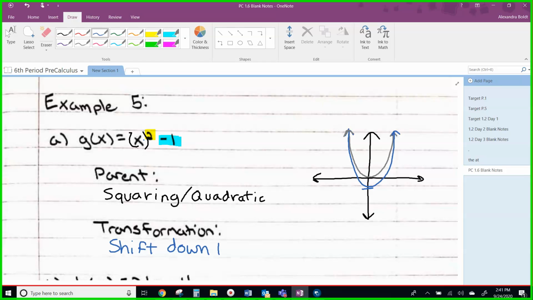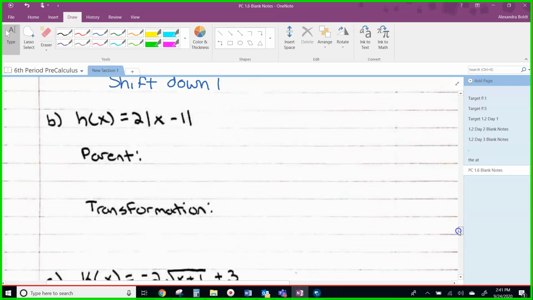Because your arrows never stop. So your arrows should still always go all the way up to the top of your graph. And I'm going to label this as my final function. So this is x squared minus 1.